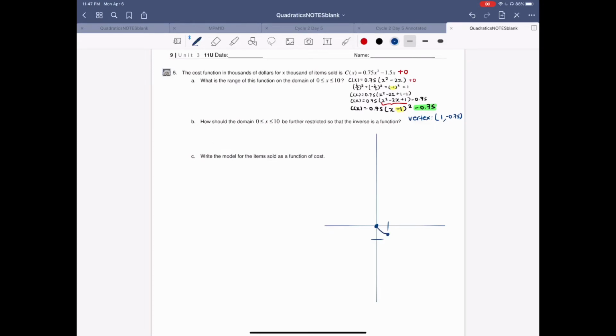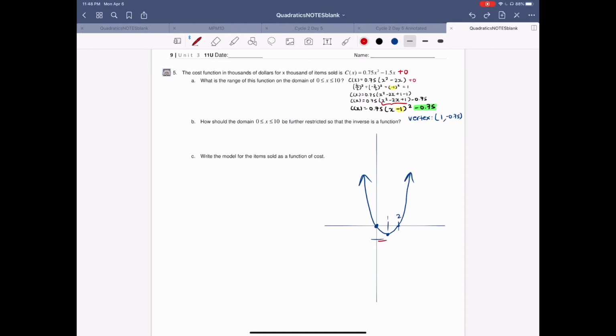And because my distance is 1 this way, that means symmetrically I'm going to have my other coordinate this way at 2. What I mean is, if from here to here is 1, from here to here should be 1, because a parabola is symmetrical.